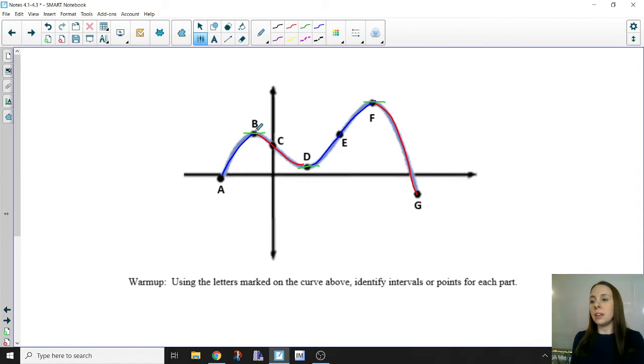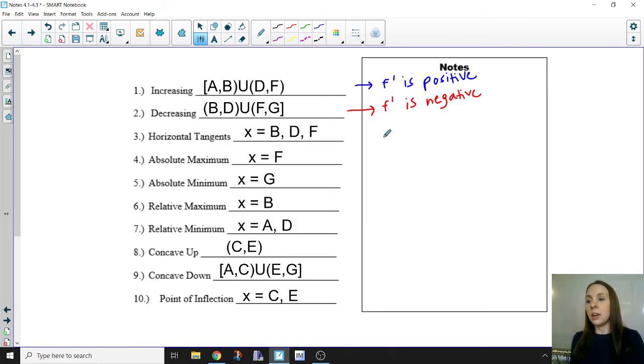What we said there was that whenever we have those smooth turning points, that's where our tangent lines will be horizontal. And what do we know about the derivative values for horizontal tangents or smooth turning points? I hope you remember that that's where the derivative is equal to 0. That is going to be a pretty important thing to know as we work through this section.